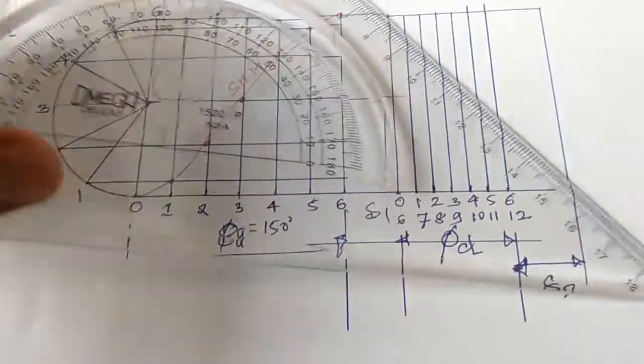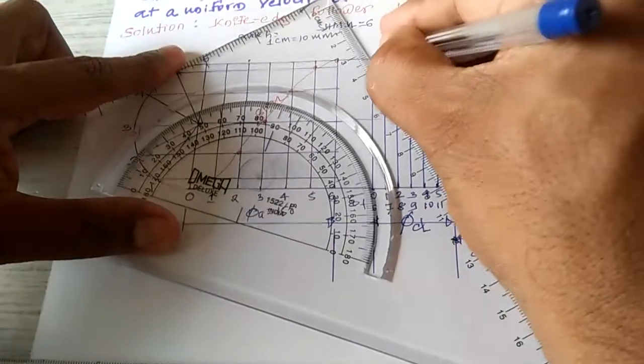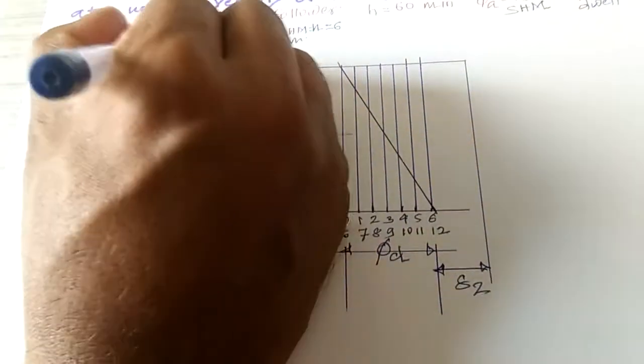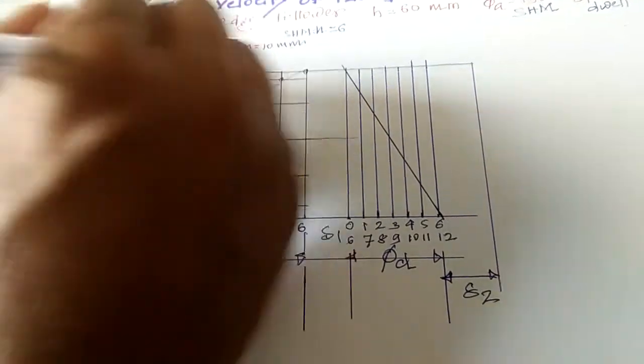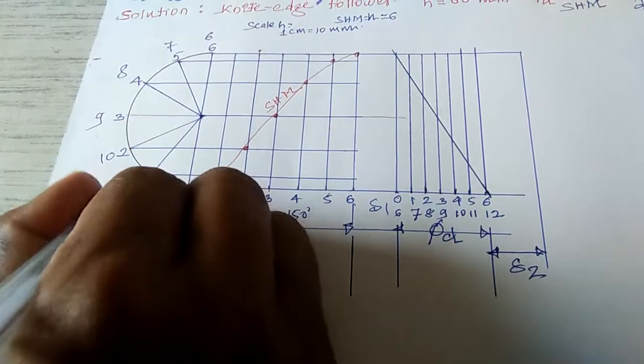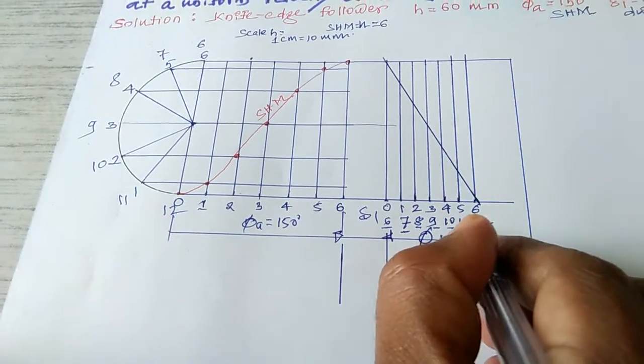Uniform velocity means the descending can be drawn directly as a straight line only. You mention the return in this way also: 6, 7, 8, 9, 10, 11, 12, because I have taken 6, 7, 8, 9, 10, 11, 12.